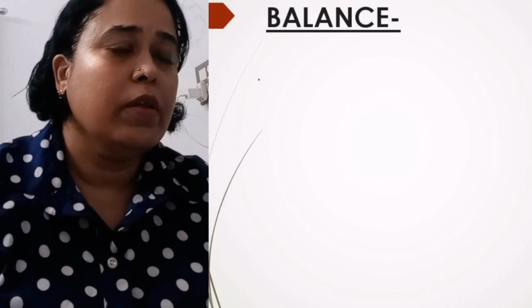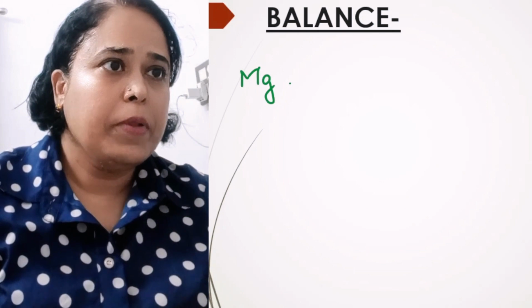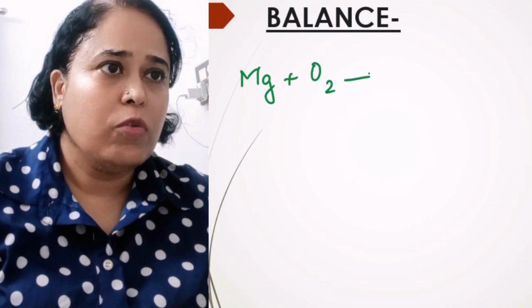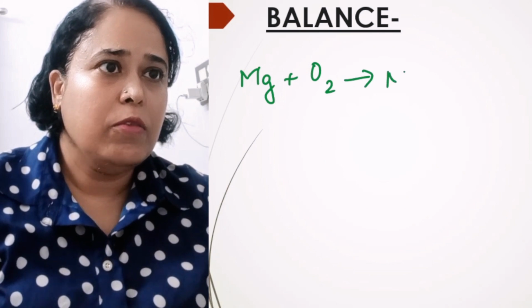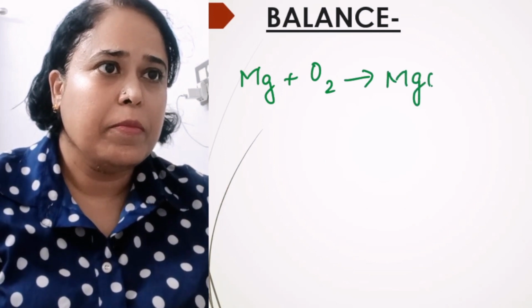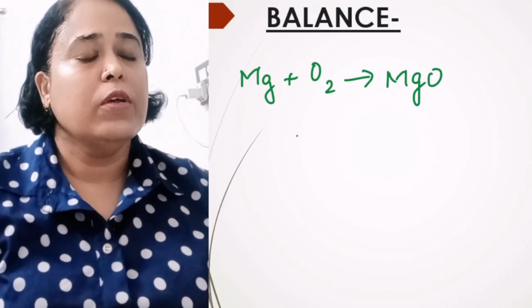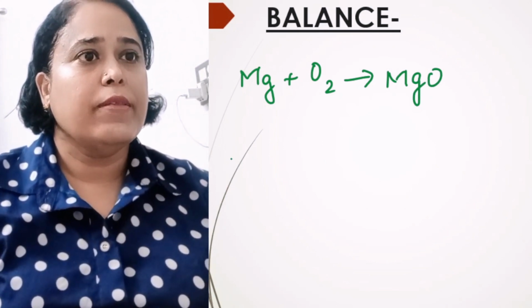Now let's take another equation. Magnesium plus oxygen gives magnesium oxide. Count the number of magnesium and oxygen atoms on the reactant and the product side.